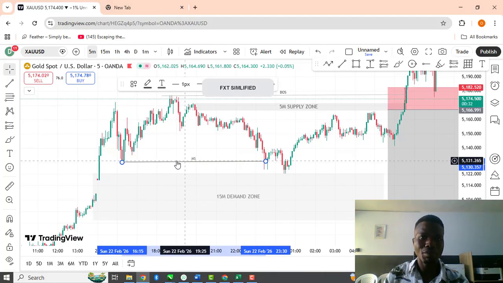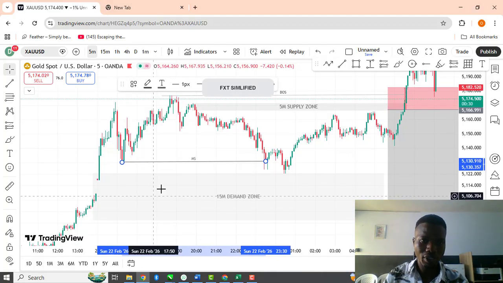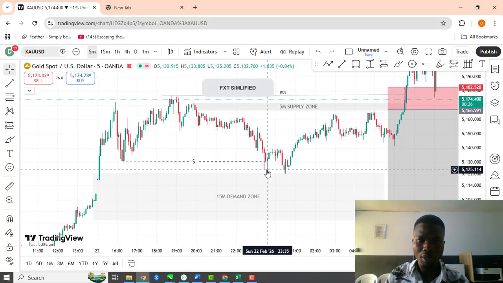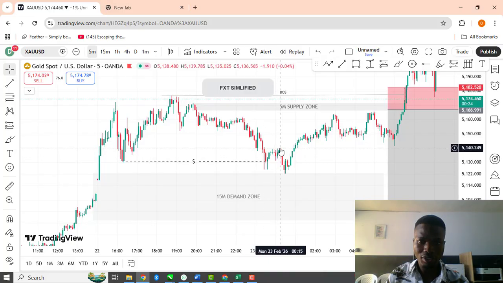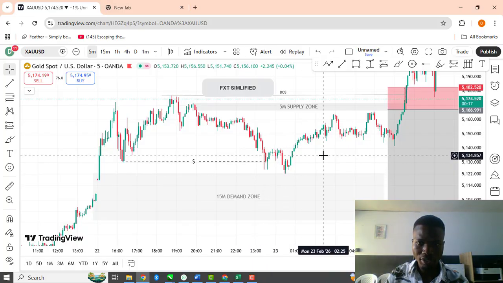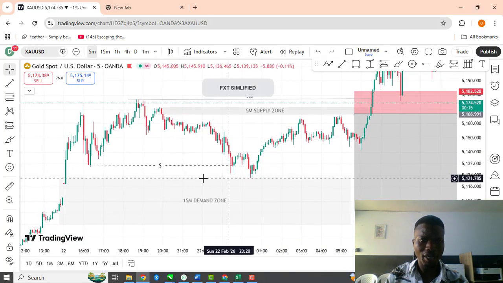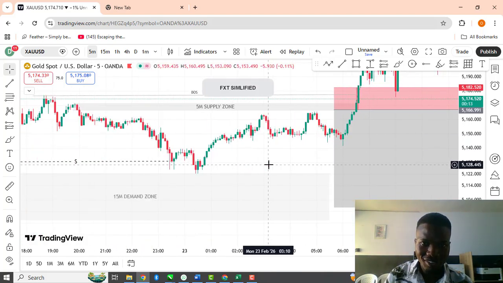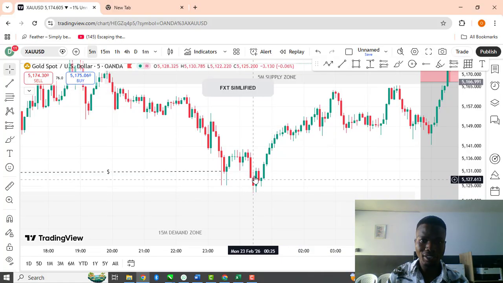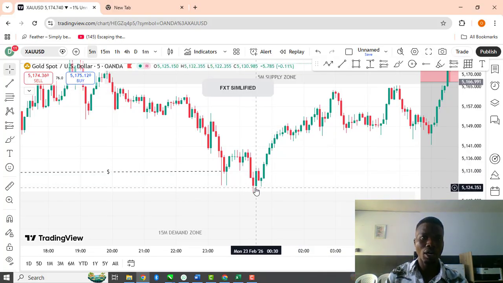This is not a market shift. This is a liquidity zone. When price swept this liquidity, it retraced back a little bit and also swept liquidity below this zone again.